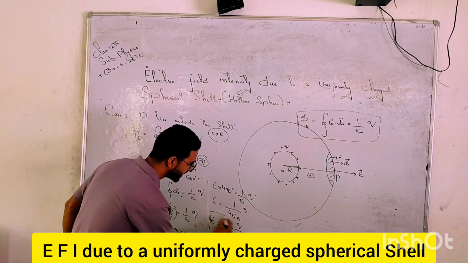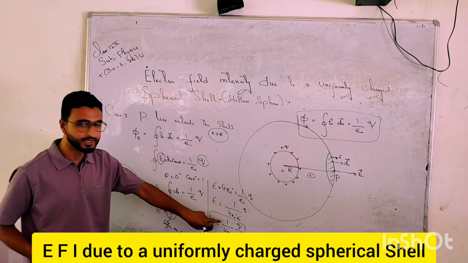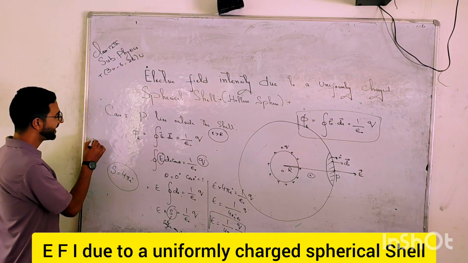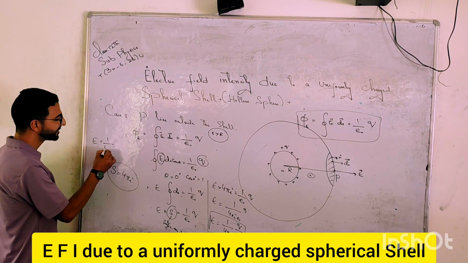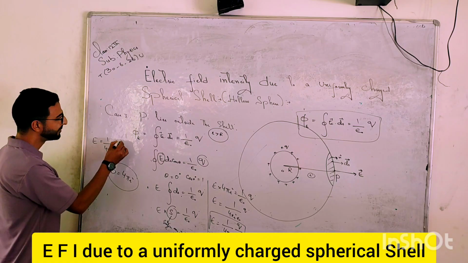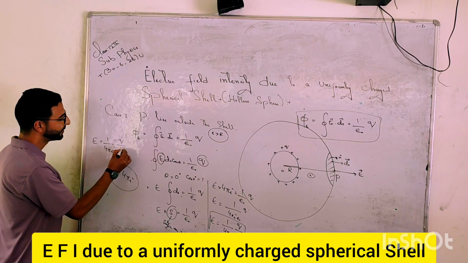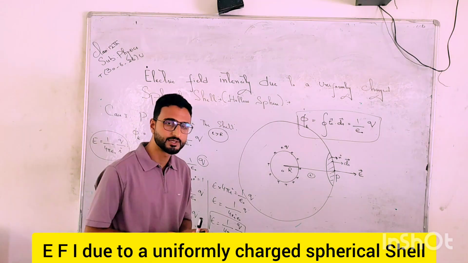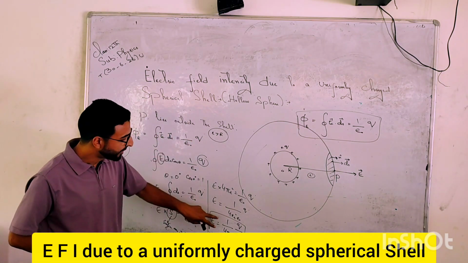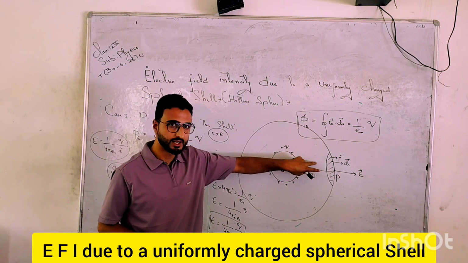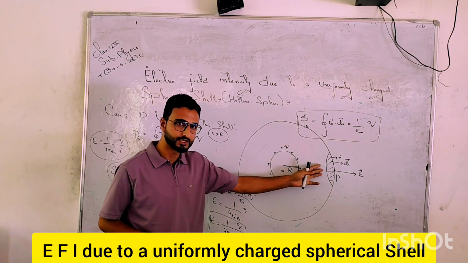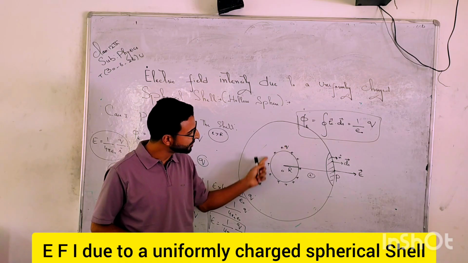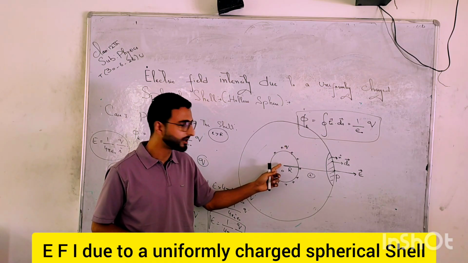Now remember this expression. This is the electric field intensity. Isn't it the same as that of a point charge? If you remember well, the electric field intensity due to a point charge is equal to 1 by 4 pi epsilon naught q divided by r square. We got the same expression for electric field intensity due to a spherical shell. So if this point P lies outside the spherical shell, it behaves just like a point charge, as if the whole charge is concentrated at the center of the spherical shell.